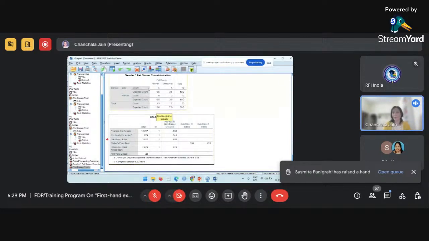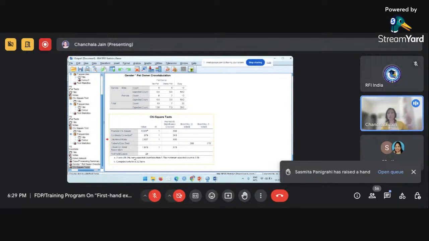Male and no pet combination, 1 cell, male and owns pet combination, 2, female no pet, 3, female owns pet, 4. So 4 cells we are having, and out of these 4 cells, in 2 cells, here you can find the expected count is less than 5, and this expected count is less than 5, right? So that means 50% of cells are having expected count less than 5.